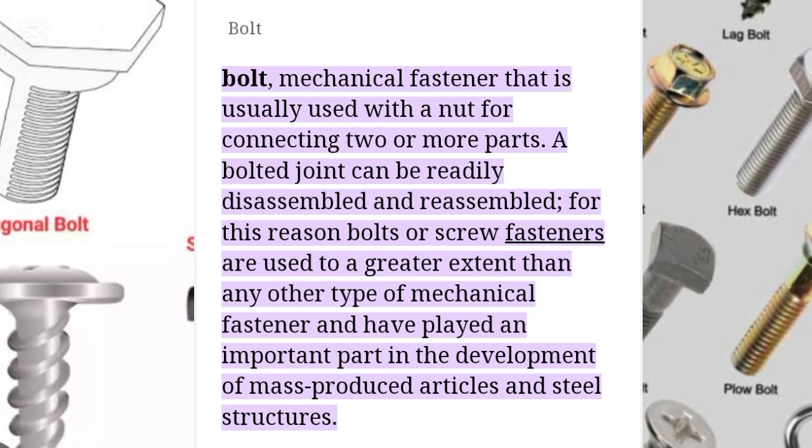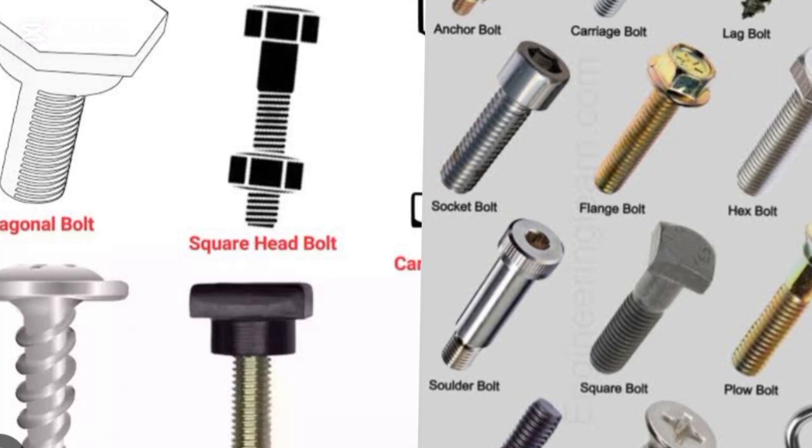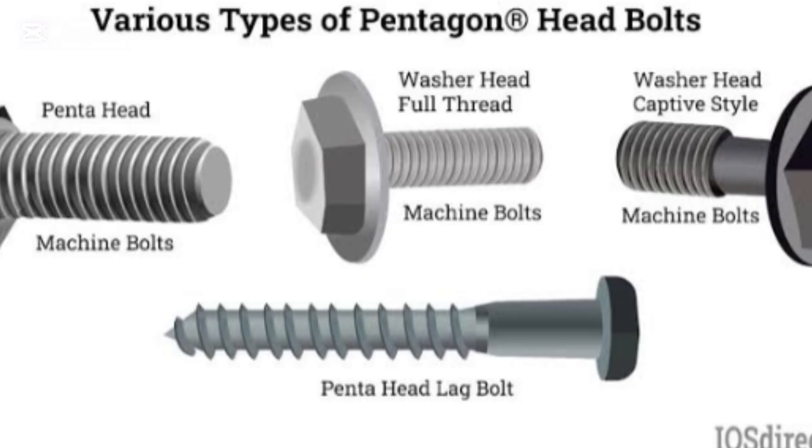If you check the screen now, you see the shapes of different kinds of bolts and nuts. They are designed for different purposes, sizes, pitch, shape, and manufacturing processes. Bolts and nuts are classified by their shapes, by their manufacturing process, and by their grade.